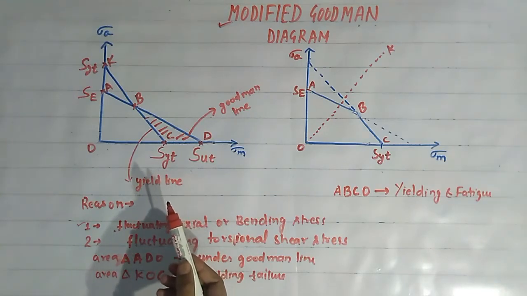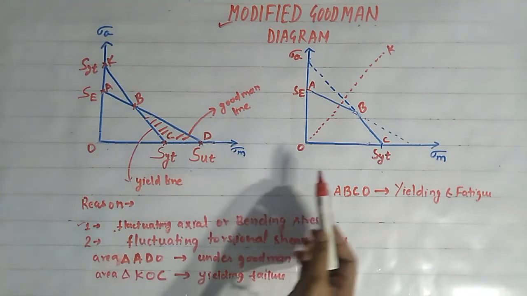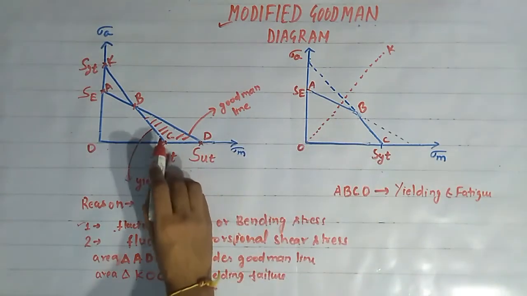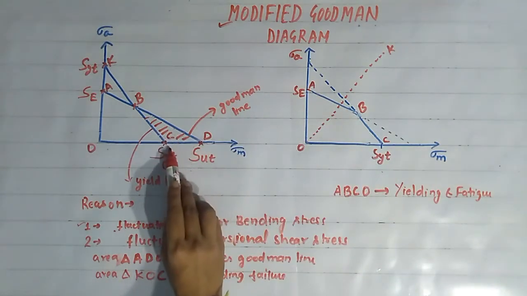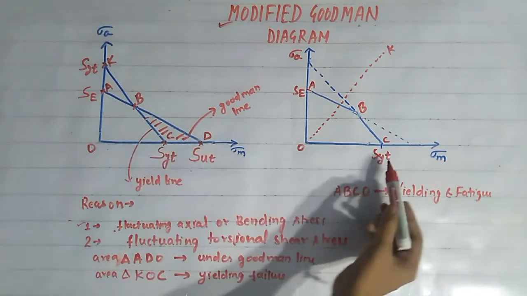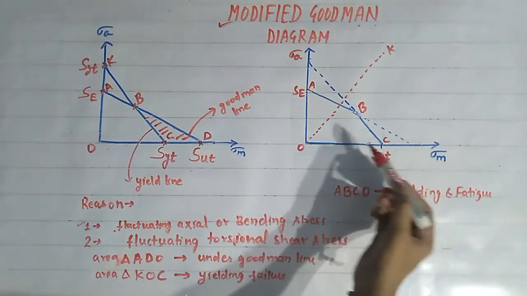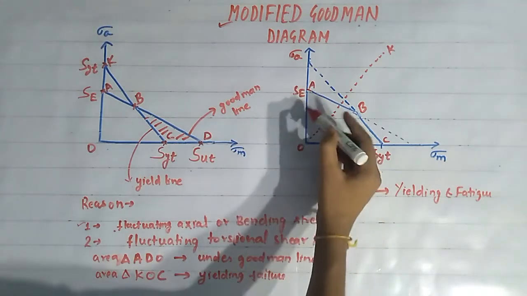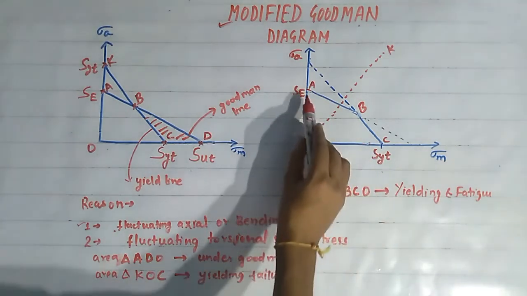Now friends, AB is a portion of the Goodman line. Here see figure number 2, where we have deleted the area CBD. So the modified Goodman diagram will consist of the area OABC.